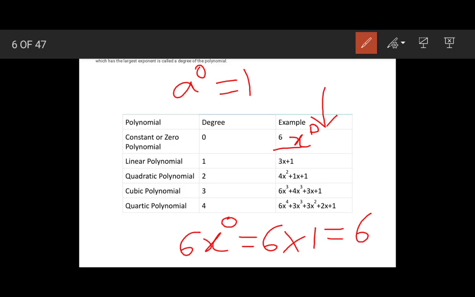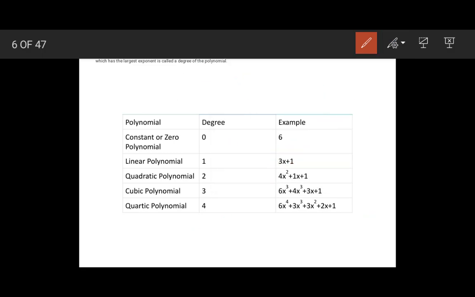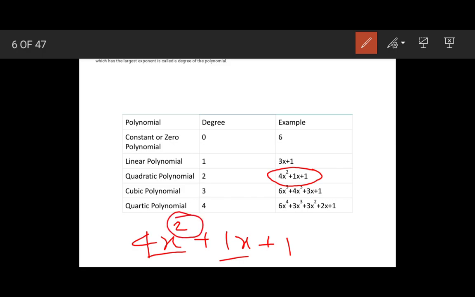Then in the second expression, the exponent of x is 1. In the third expression, we have the terms 4x square plus 1x plus 1, so the highest exponent is 2, and therefore the degree of the polynomial is 2.